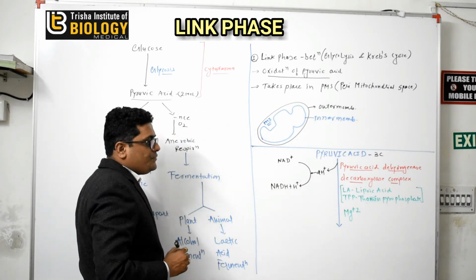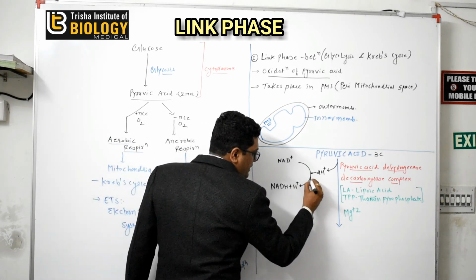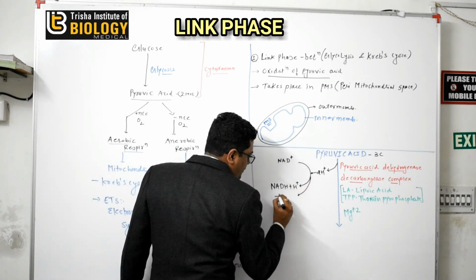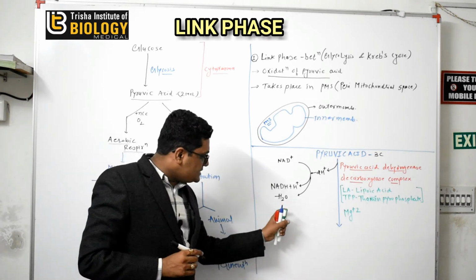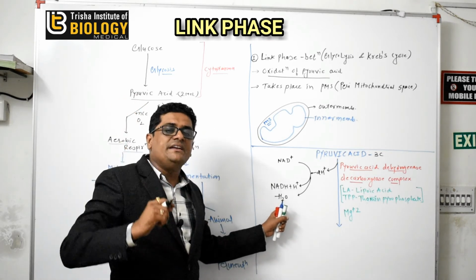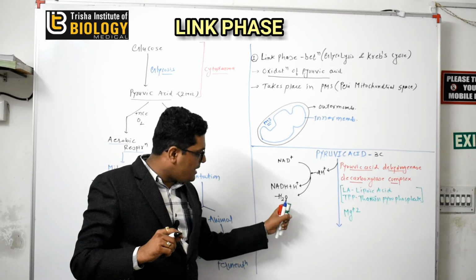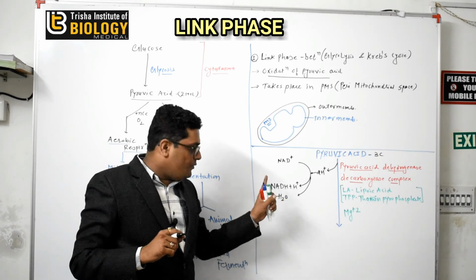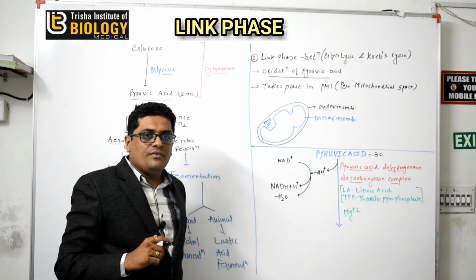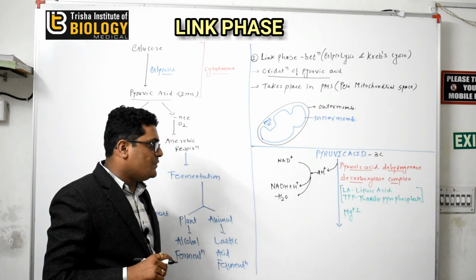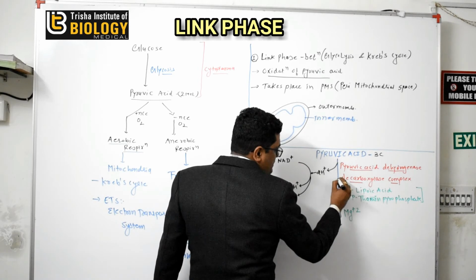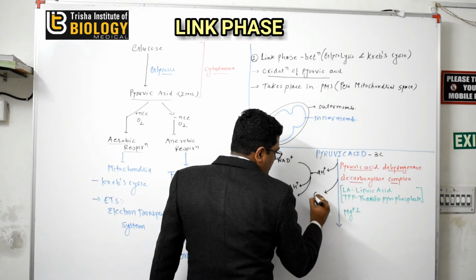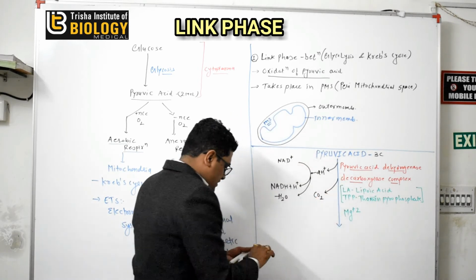When the NADH is formed, simultaneously one molecule of water is also formed. Where does this water form from? That will be discussed in the ETS. Here you only need to remember that one molecule of H2O is formed whenever NADH2 is formed.